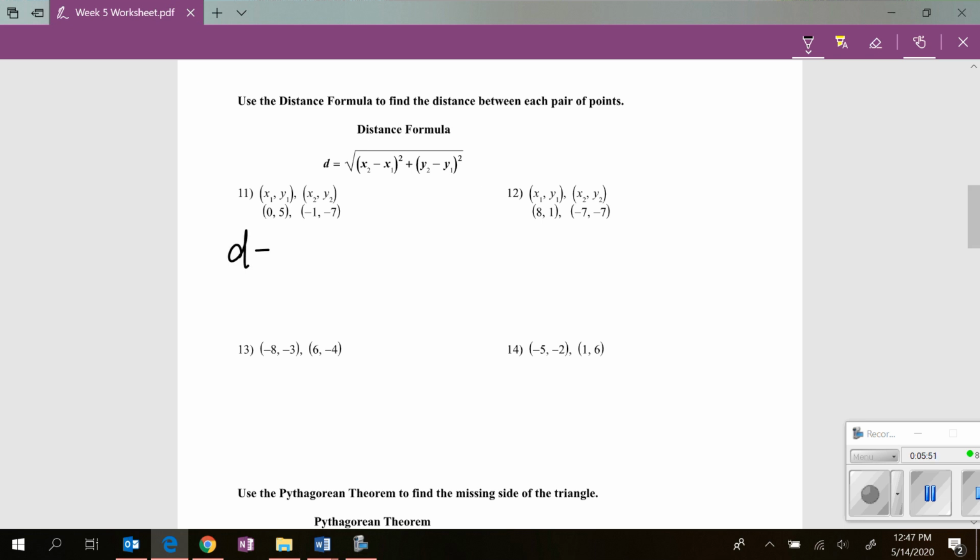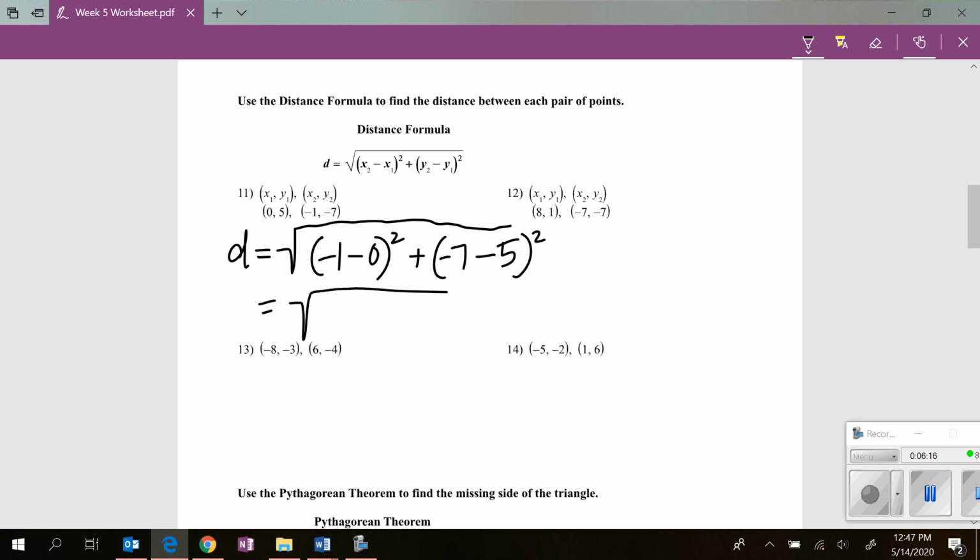So distance is going to equal the square root of x2, which is -1, minus x1, which is 0, squared, plus y2, which is -7, minus y1, which is 5, squared. Next step.